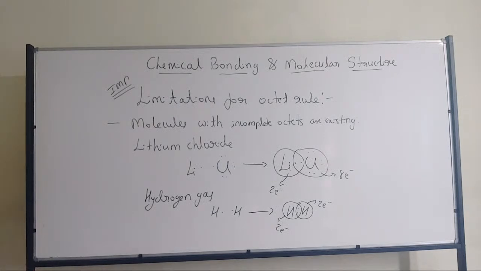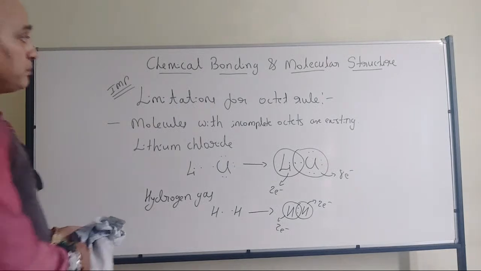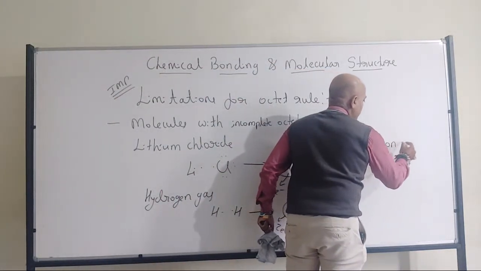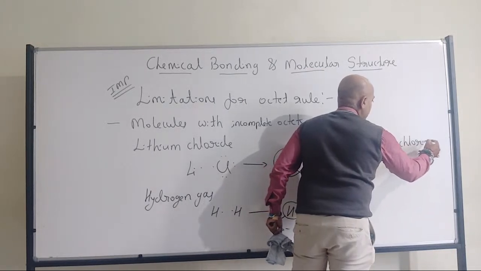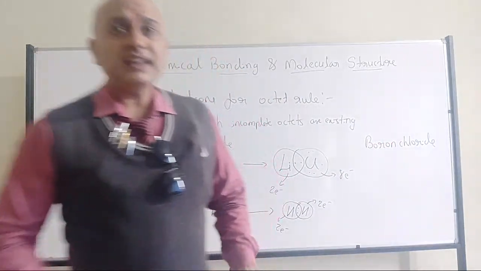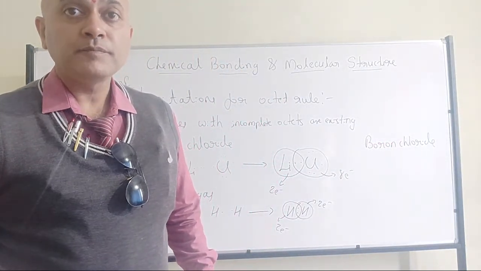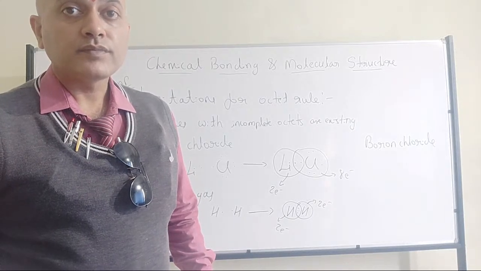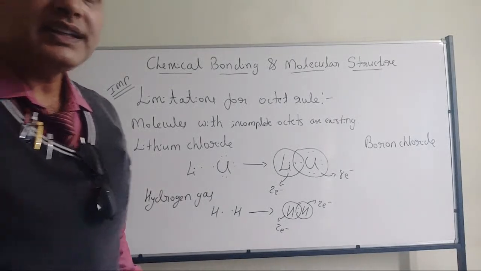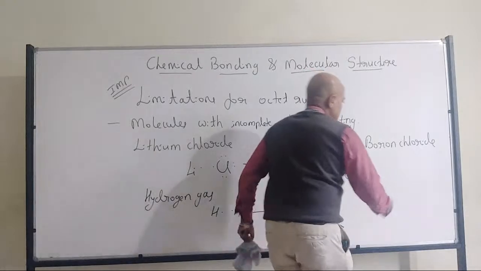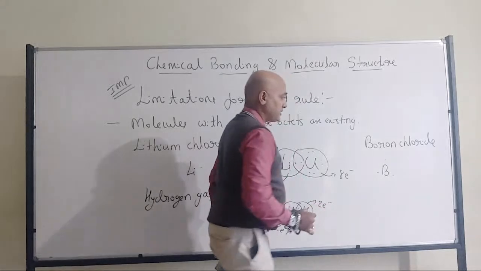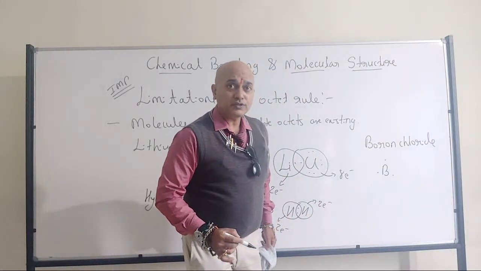Even we can take the help of boron chloride. How many valence electrons does boron have? Yes, very good. Boron will have 3 valence electrons.